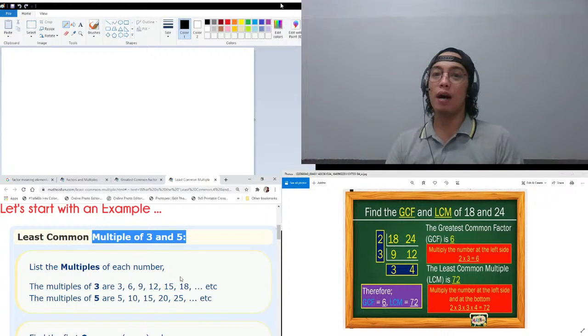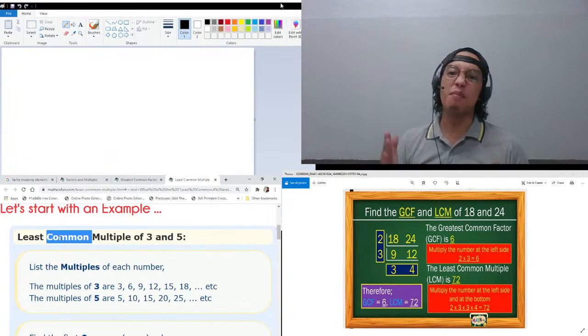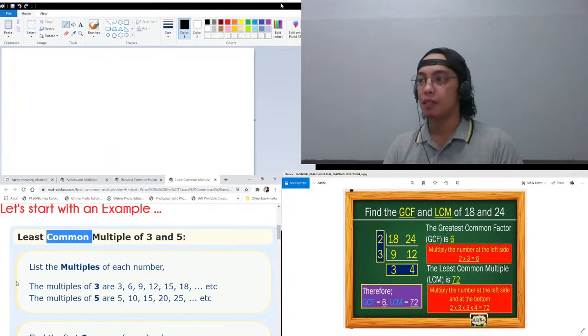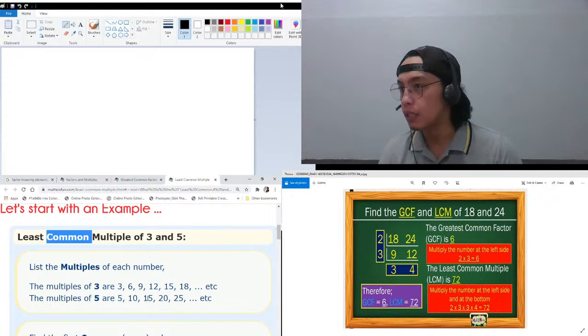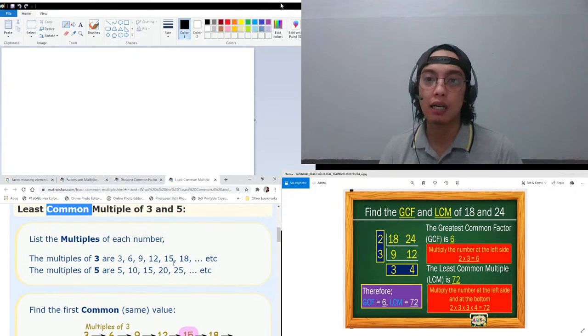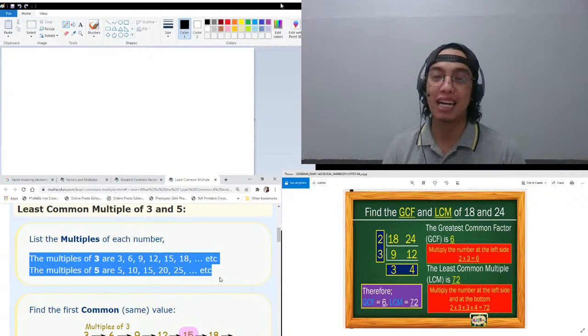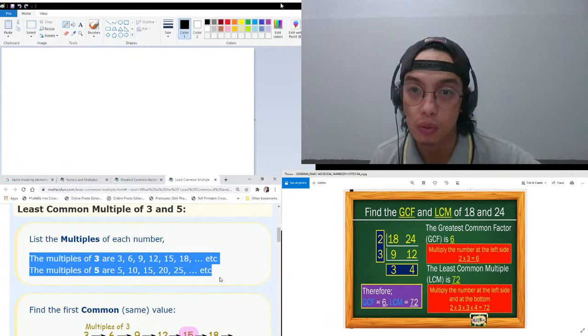So, common gyapon. We're talking about common. So, unsay common nila, pariho nila na kinagamyan. So, kung galantaw ta diri, unsa may unang number or multiples sa 3 o 5 nga pariho. Pinakauna niyo makita na pariho.